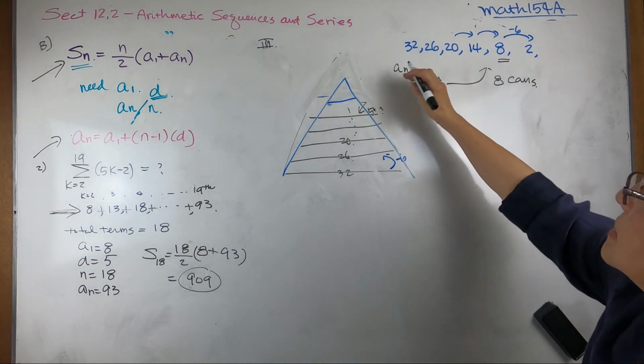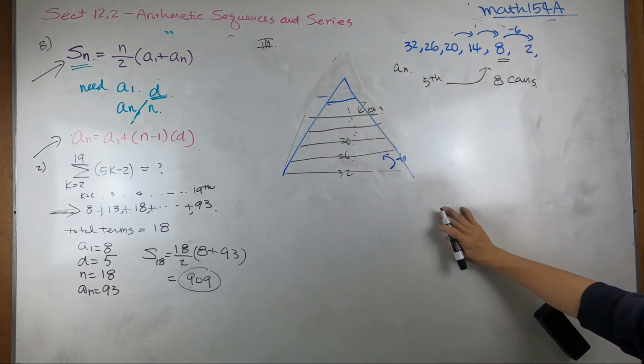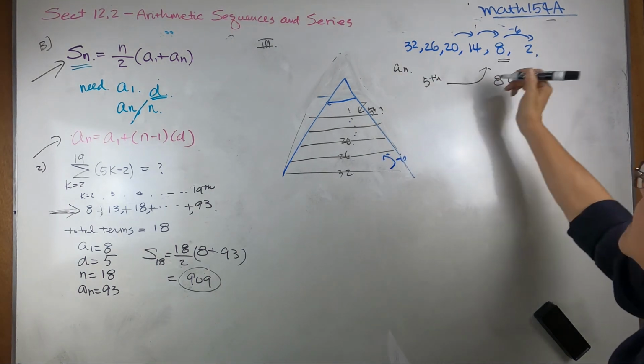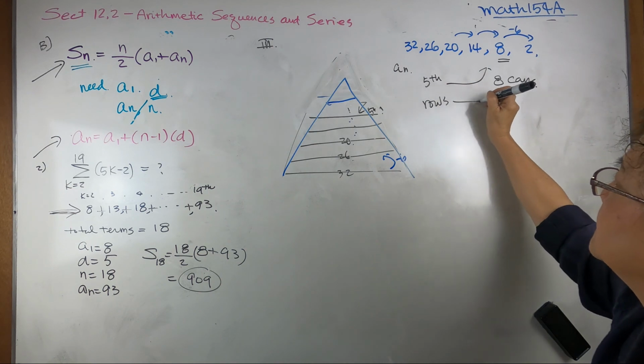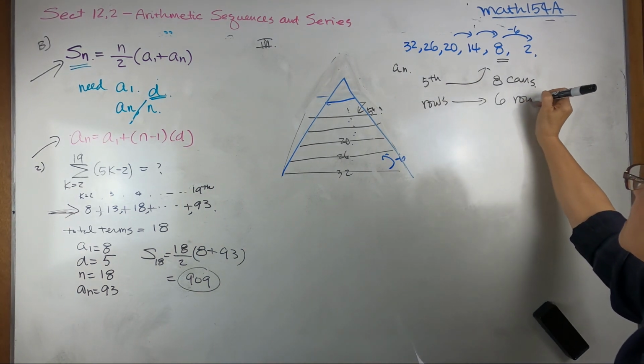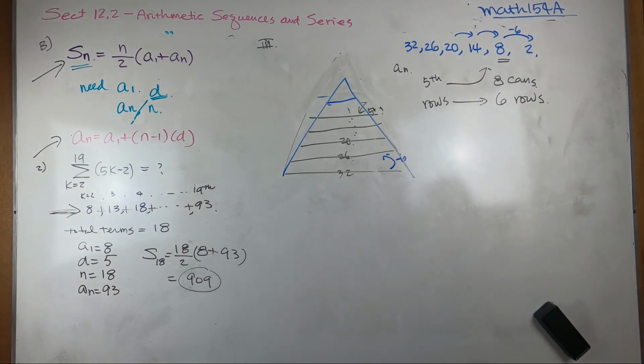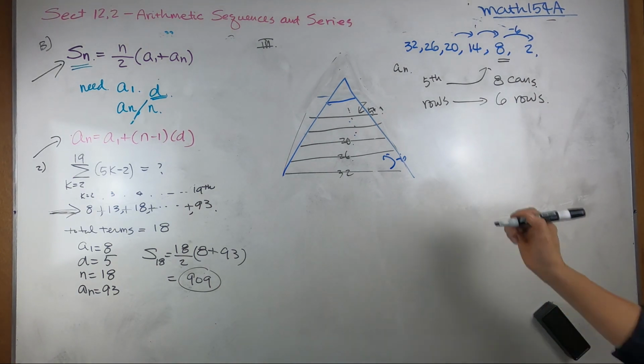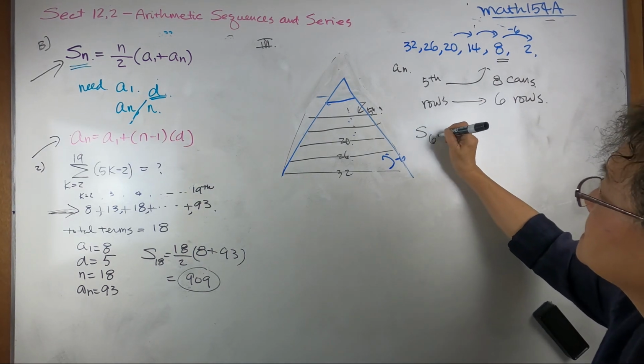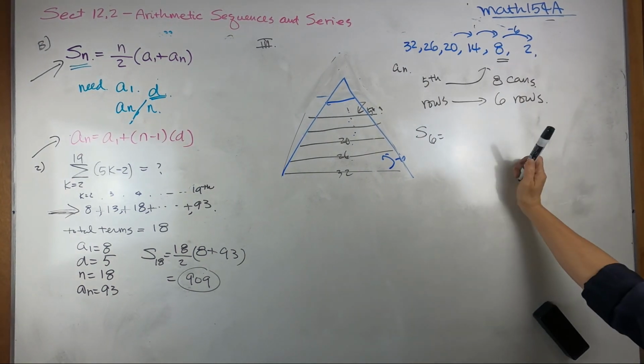That means total how many rows you have. You do that, then you find out how many rows you can have. You have 6 rows, right? Then how many total cans do you need? So you need to find the sum at 6 for all those, right?